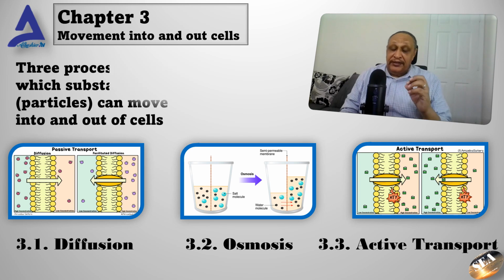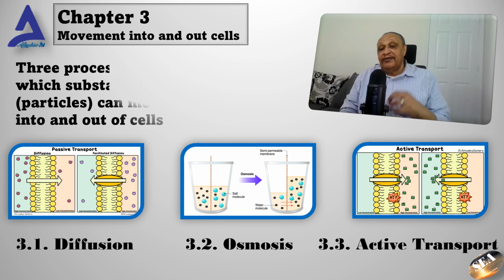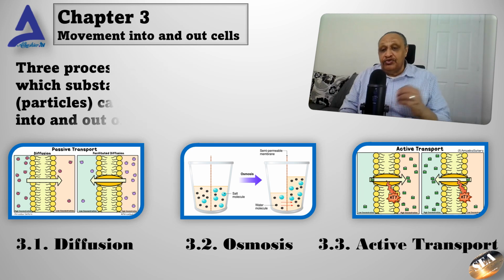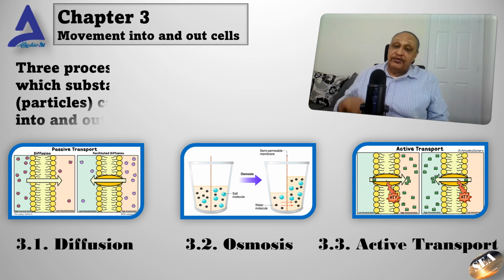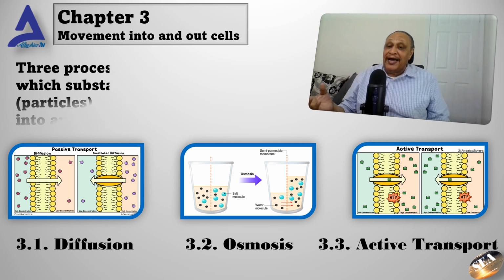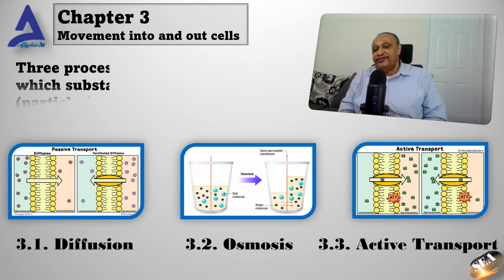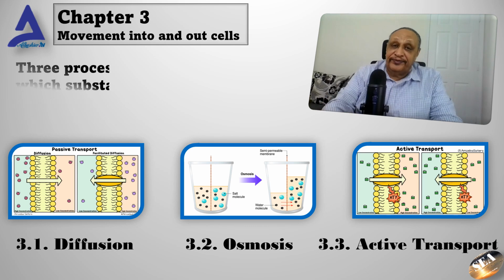However, we also understand that diffusion is the term used for the movement of ions other than water into and outside of the cell, while osmosis is only for water getting into or outside the cell. Now we will see what active transport is and how we can deal with it.